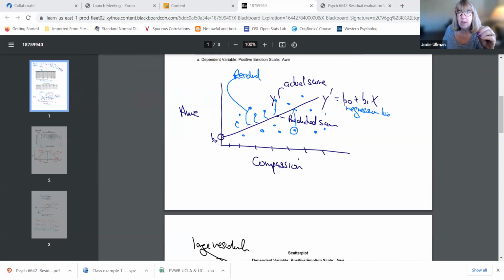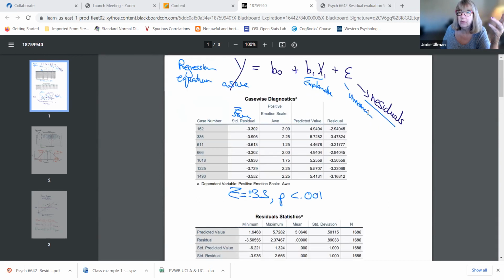In this example, it's the point where if compassion were 0, what would awe be? It fixes the regression line to the y-axis. And then beta 1 is the slope. The combination of these makes the regression line. Notice there's no residual, no plus e here, because this is just the formula for the regression line.